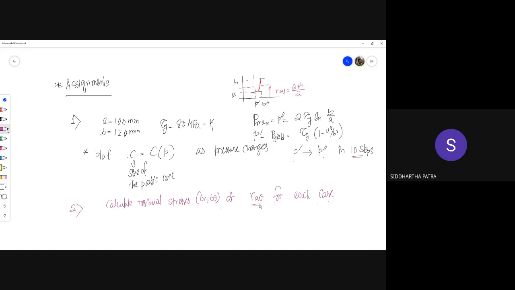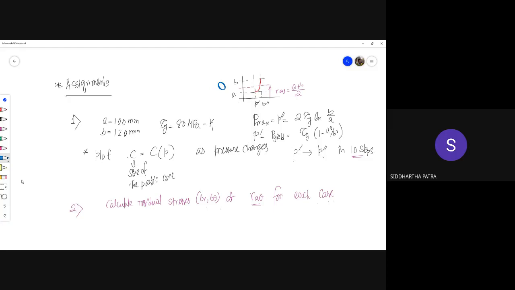But I want the residual stress at a particular location. The point is you will have to calculate sigma R and sigma theta while loading, and then how much is the unloading stress, and then make a subtraction of that. In the first part, C would be smaller than R average, so I'm plotting C on this axis.